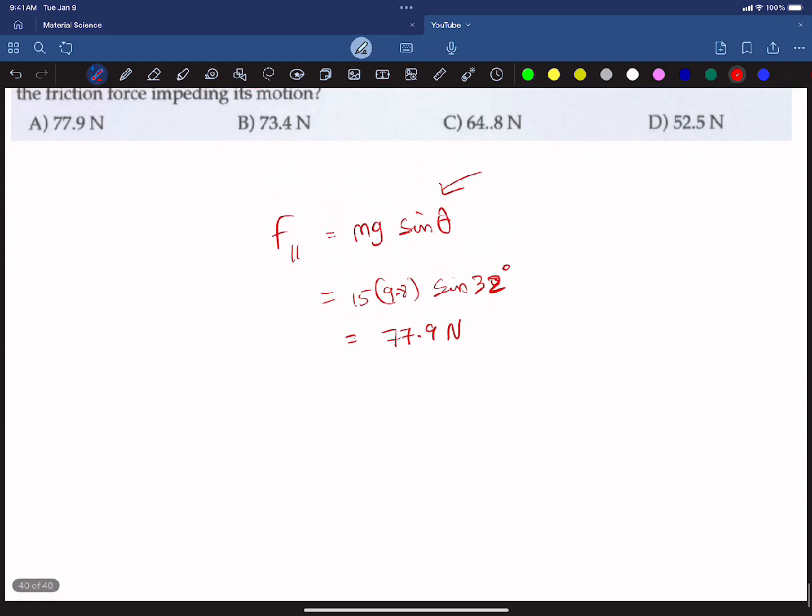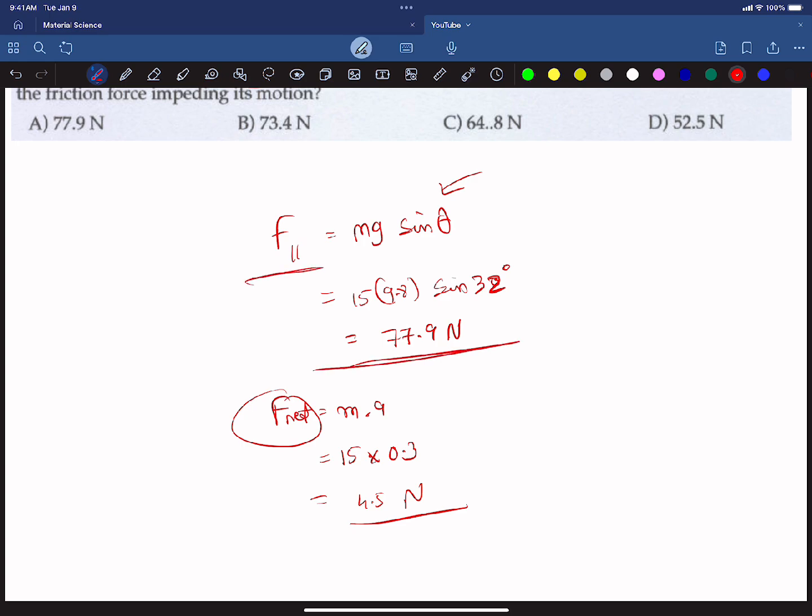Now we also know that F net is equal to m times a. So our m is 15 times a is 0.3 will give you 4.5 Newton. So our F net is 4.5 Newton and F parallel is 77.9 Newton.